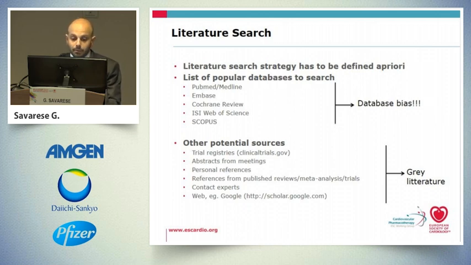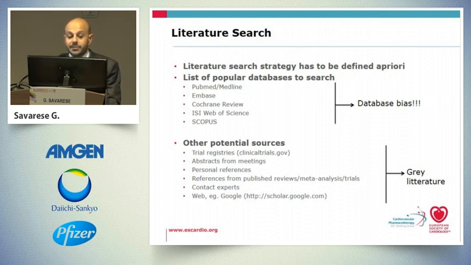For example, these are the most used: PubMed, Embase, Cochrane Review, Web of Science, and Scopus. Then we can also use other kinds of sources, for example trial registries. There is clinicaltrial.gov. This is really important because sometimes trials have results that have not yet been published, but they are present on clinicaltrial.gov, so we can use it to get data about new trials.